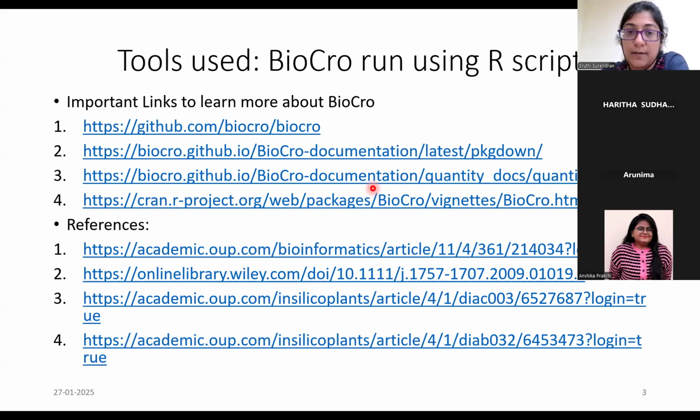So you also have to take a bit of time to understand R script, which will be helpful in running this BioCro model. Like I said, it's about modeling, so I think it is necessary that you have some knowledge about the coding part of it, or running using an R program.